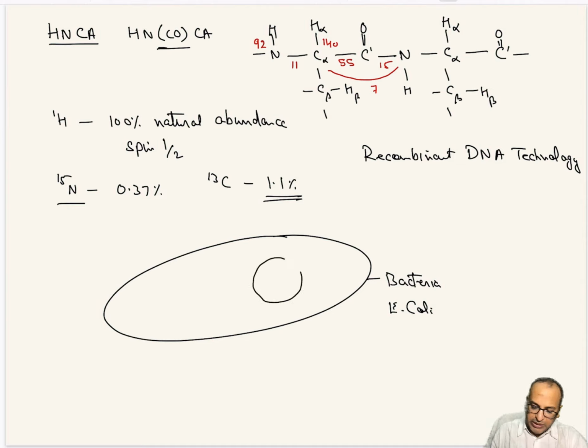A plasmid is a piece of circular DNA, a double stranded circular DNA, and in that you have a segment of DNA. This is the plasmid DNA, and this particular portion is cDNA.